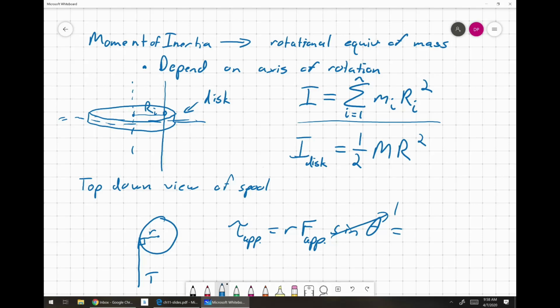So we are just left with r times F applied, where this force that is applied here is our tension in the string.